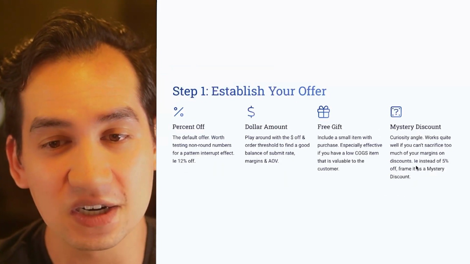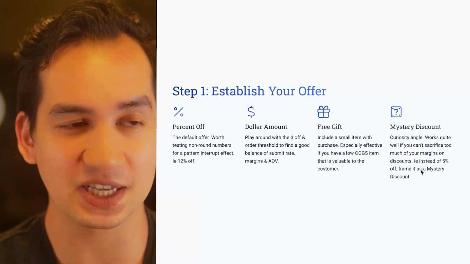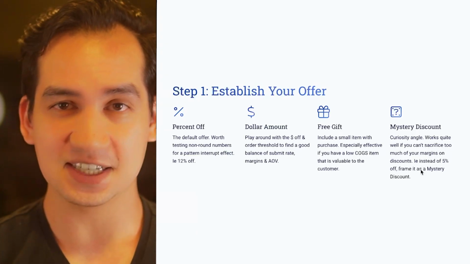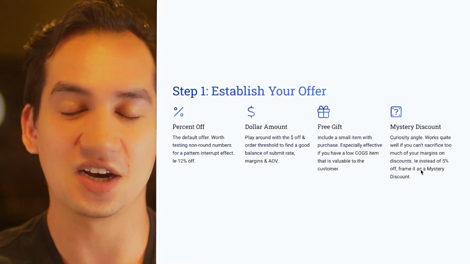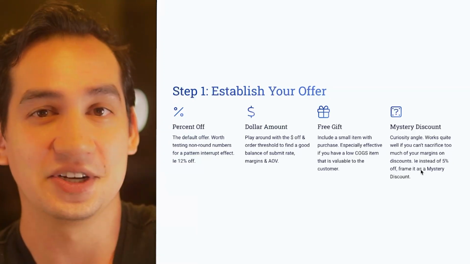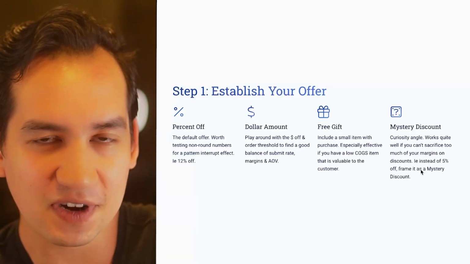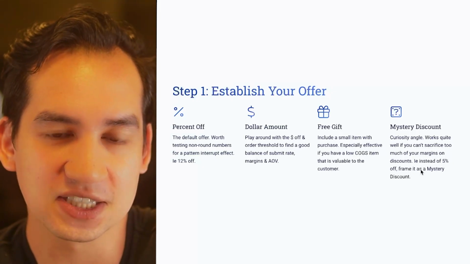So what we do there is we frame it as a mystery discount, all right? Get them to sign up, and by the time they sign up, read some of the content. If the content is good, they're not gonna care so much that it's only $5 off, you know what I mean? They're already in your email list, they're reading some good content, they're interested in the product, and the $5 or whatever your sort of low offer is just a bonus at that stage.